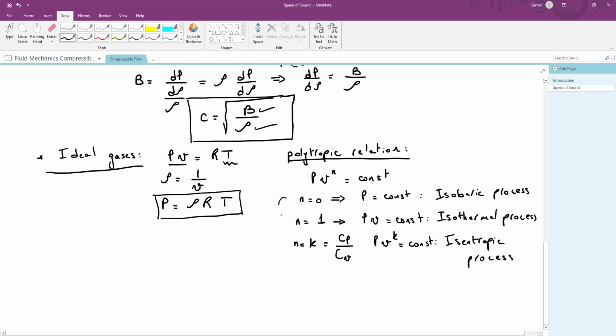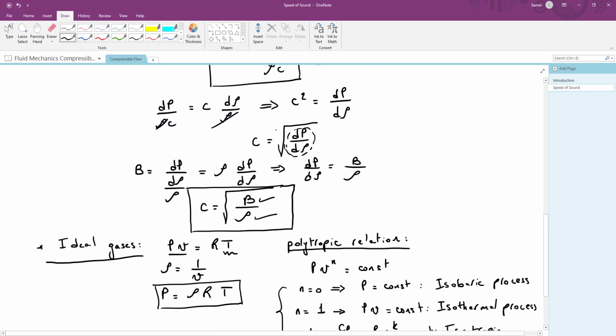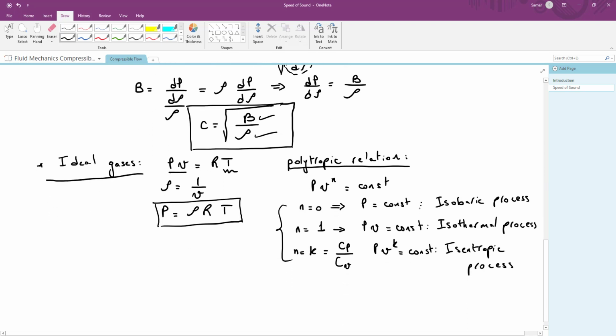So why are we talking about these types of processes? Because if we look at the expression of the speed of sound, C, which is the square root of dP over d rho, we need to differentiate the pressure with respect to the density. To do this, we need a relationship relating the pressure to the density, and this relationship should be given by one of these processes.